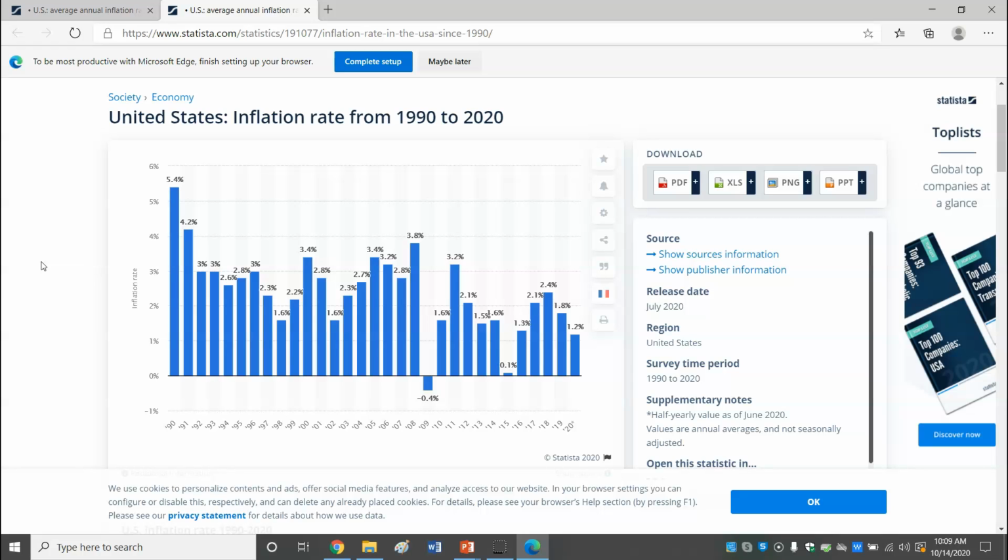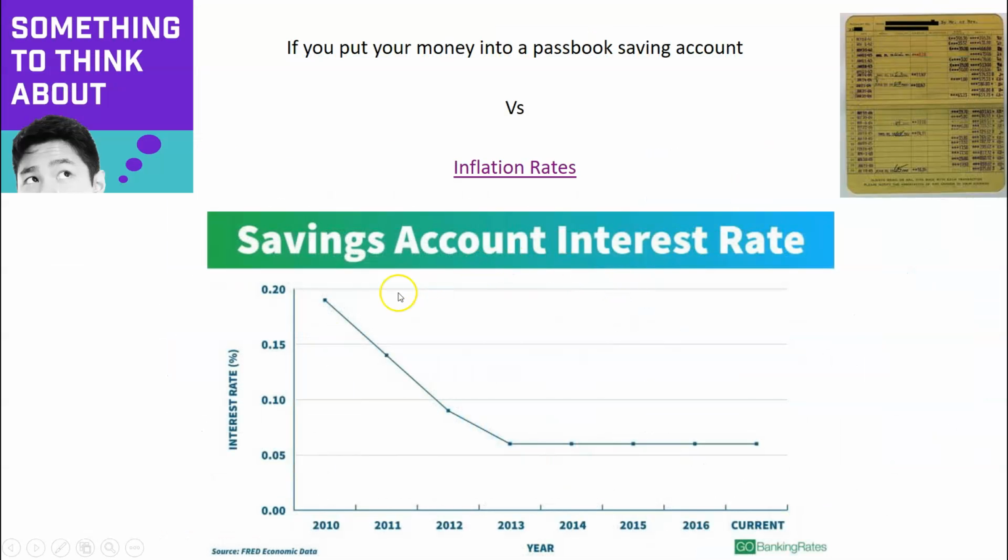I want you to think about this then. If these are all 1 point something or 2 point something, and you put your money into a savings account, think about the purchasing power. You put your money in. Think about $100. You put $100 in. You're going to get next to nothing in a year's amount of time. But a year later, you have less purchasing power because of inflation.